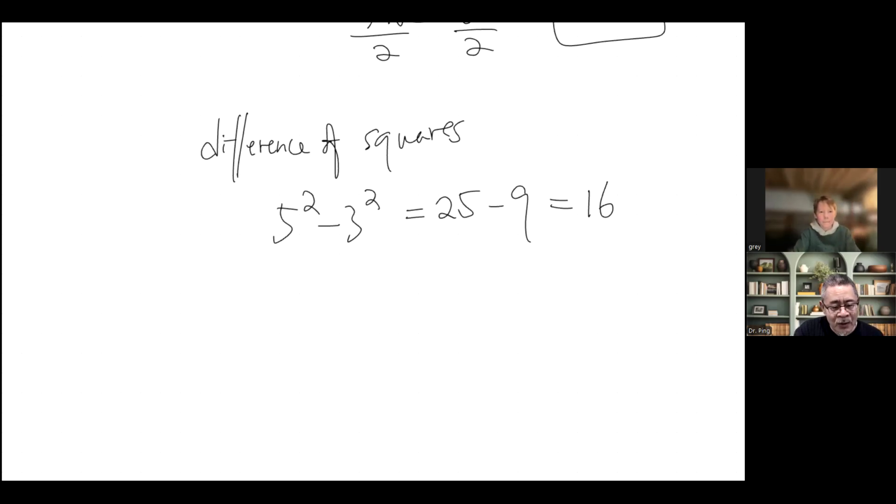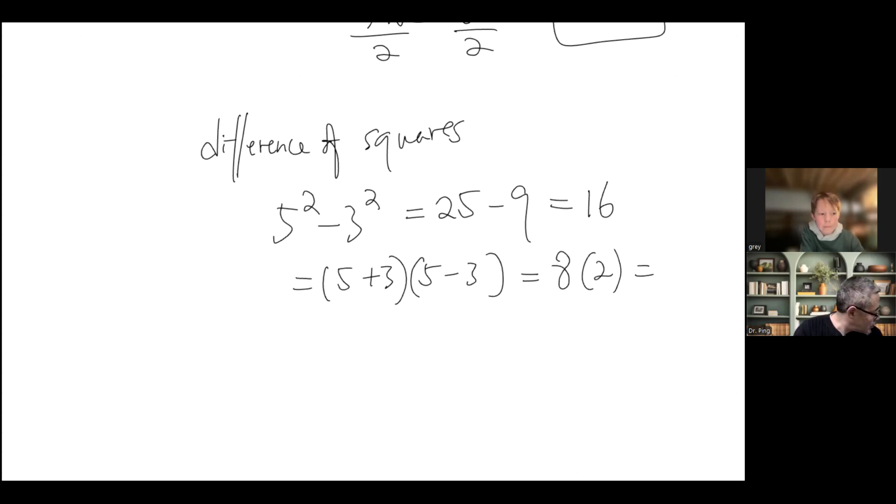So instead of squaring them, we actually can write this as 5 plus 3 times 5 minus 3. So basically 5 plus 3, then times 5 minus 3. This is 8, and this is 2. So we got 16. Let me show you another example.